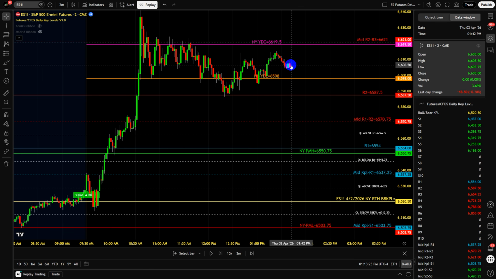runners. The whole general idea is that at the 1.5 level move in your favor, you are taking the majority of your profits on your contracts. Then you are de-risking the remaining runners by moving your stop to at least break even on those remaining runners, or break even plus a small initial profit buffer.